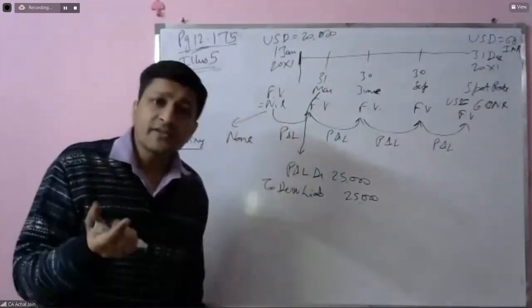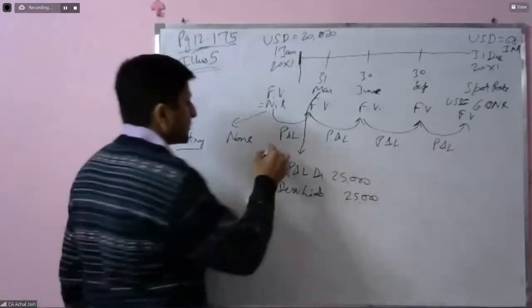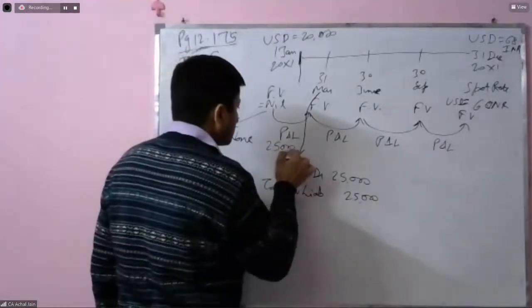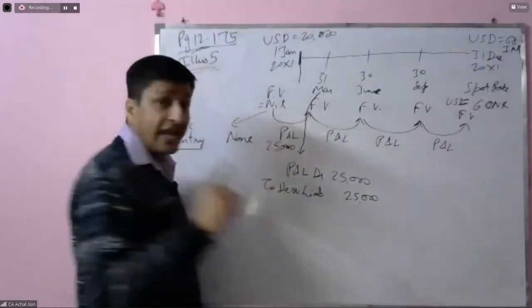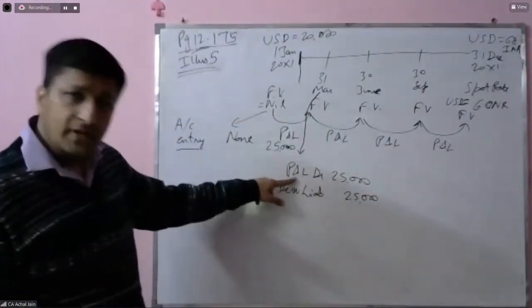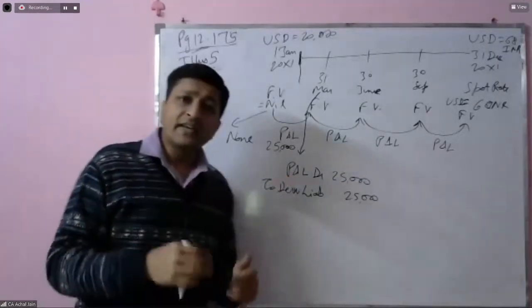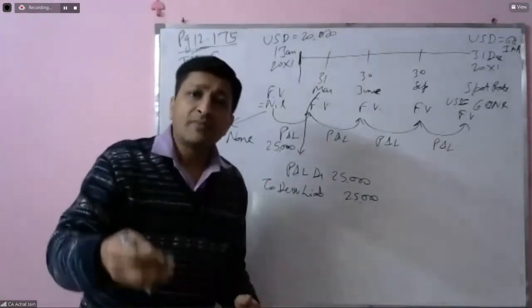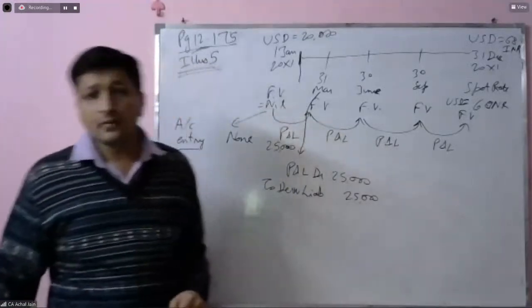So what was the change in fair value? 25,000. And we know that any change in the fair value goes to P&L. So this went to P&L. Clear? So we are in a way truing up the liability every time at the reporting date.